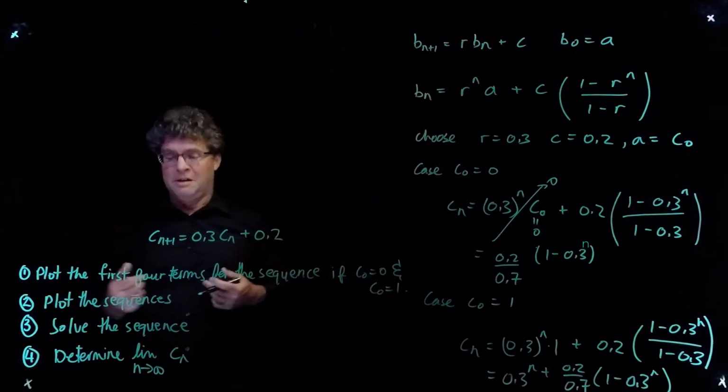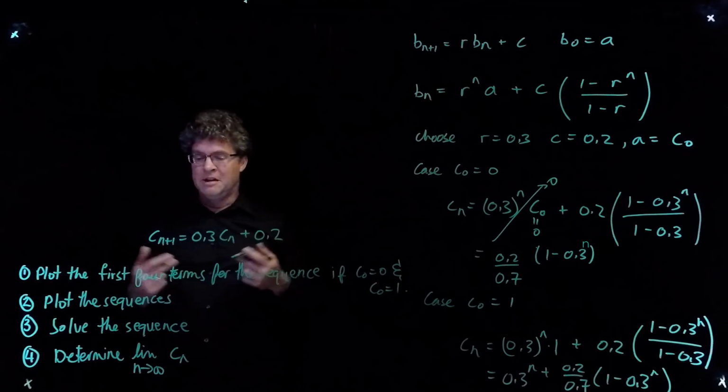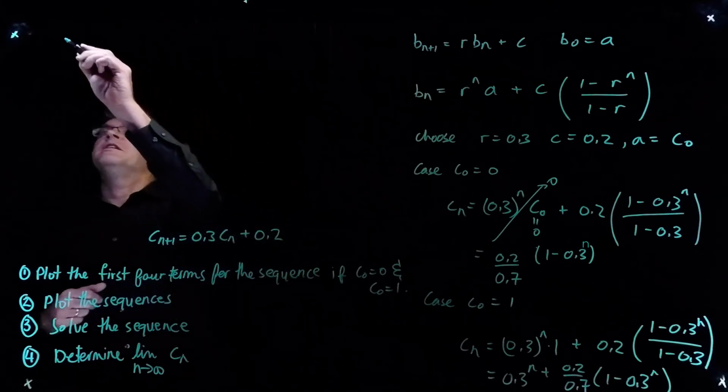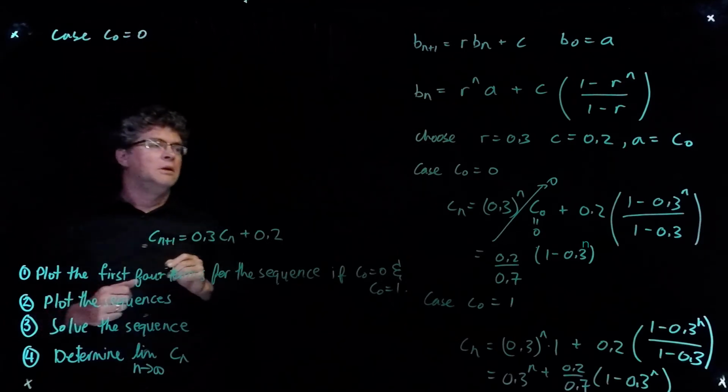The last thing we're asked to do, item 4, is to determine the limit as n goes to infinity of these two solutions. So let's start again with the case C_0 equal to 0.